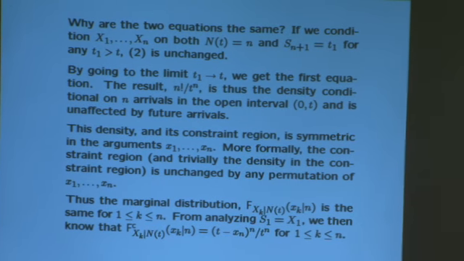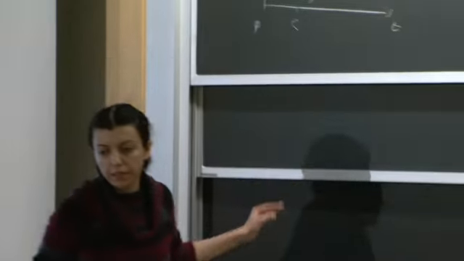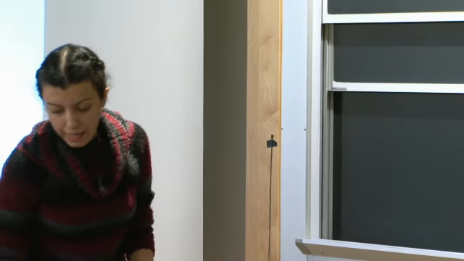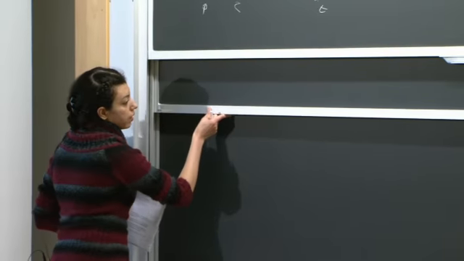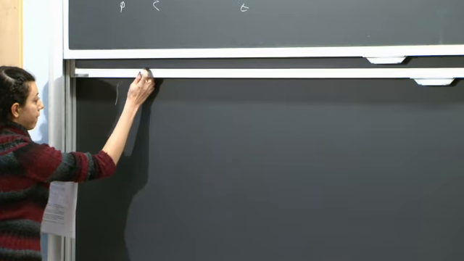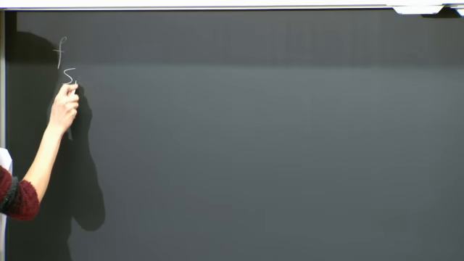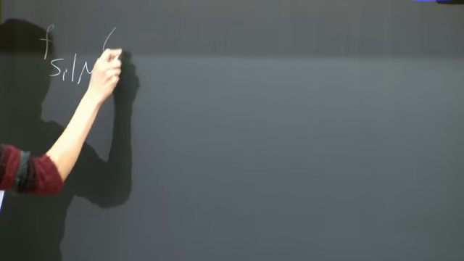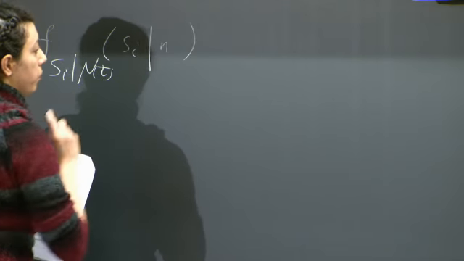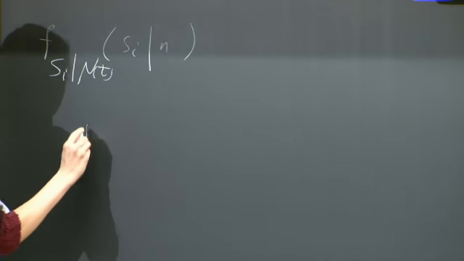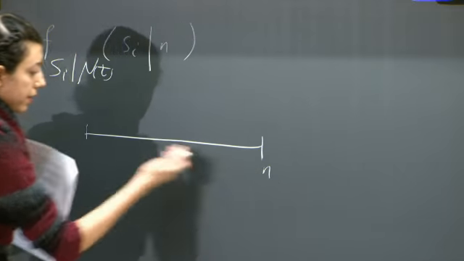The other thing that is not in the slides and I want to tell you is the conditional distribution of S_i given N(t). So I know that there are n arrivals in this interval.